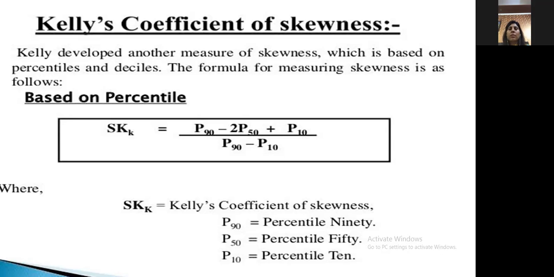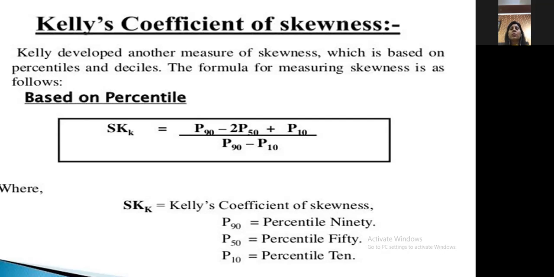So the formula given here is SK equals, SK meaning Kelly's coefficient of skewness, and this equals P90 minus twice of P50 plus P10, divided by P90 minus P10. And what do P90, P50, P10 represent? Here SK is Kelly's coefficient of skewness.